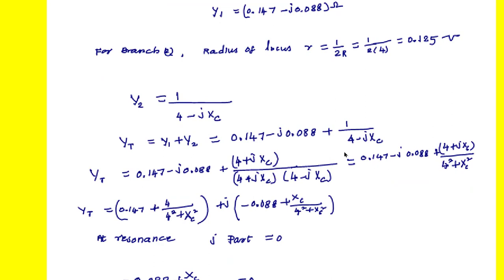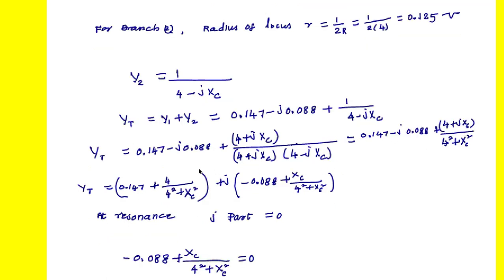After this, you multiply the numerator and denominator with 4 plus JXC. Then we get an equation like this. After further simplification, we get like this. Then separate the real part and the imaginary part.